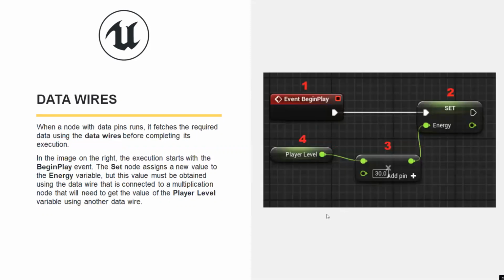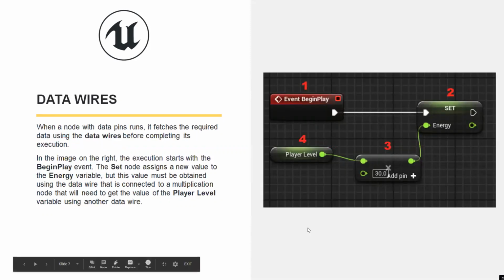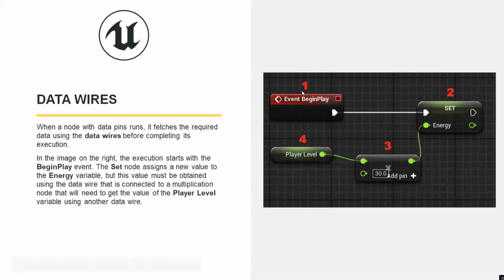Okay. So data wires. So let's look at what Unreal does when it goes from one node to the next. So like I said, entry node right here. So it's going to start right here, and there's nothing to do right here other than to move forward. So it's not going to do anything here. It's just going to move forward until it finds a node. And then once it finds a node, then it'll read the node. It'll be like, okay, so this energy variable is going to be set here, but it is connected to something.